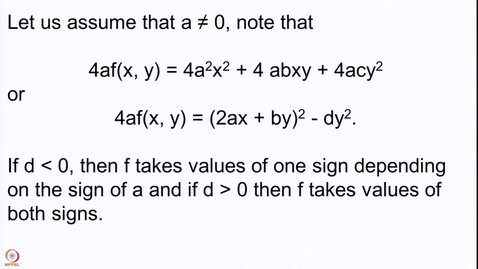So the behavior of the sign of the value set is definite whenever D is negative, and if D is positive on the other hand, then your right hand side now becomes a square minus a positive times a square.